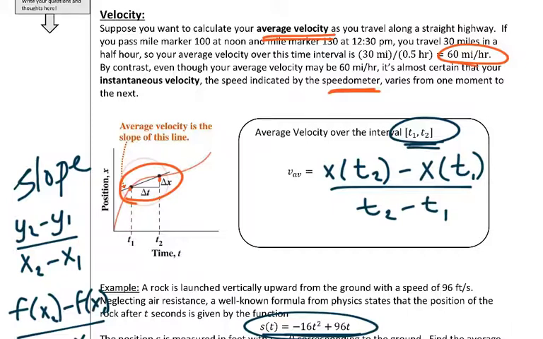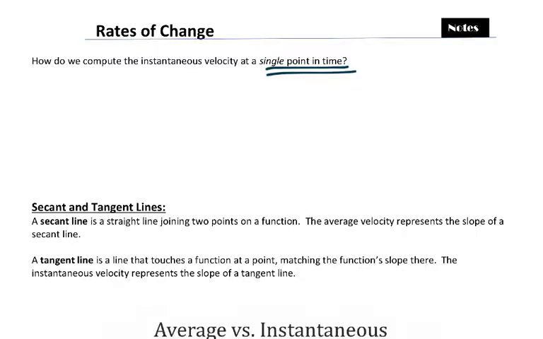So how am I going to see what happens as you approach the value from left or right? If I want to know about how fast I am at this particular point right here, I'm going to be looking at what happens if I get closer and closer to that point. So how do we compute it?